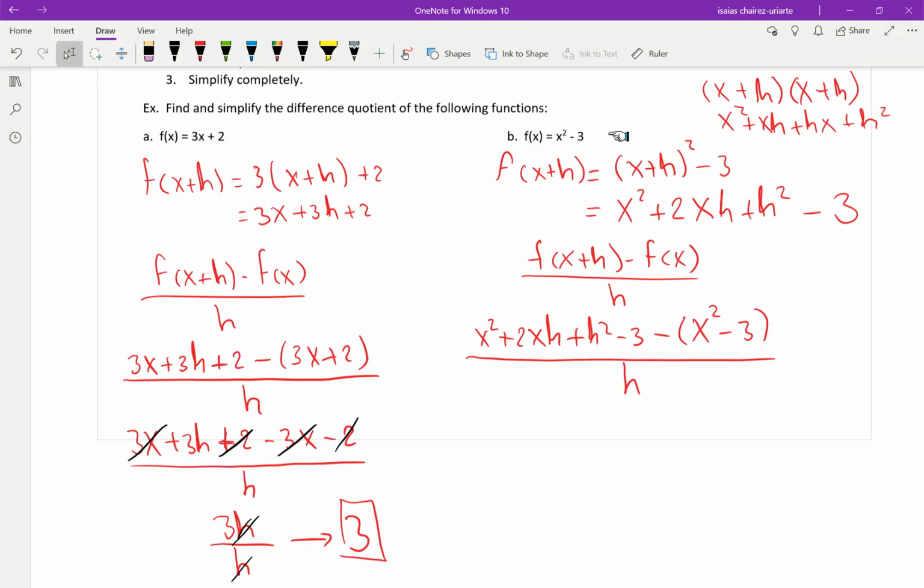Okay, now I gotta distribute this negative right here. This negative applies to that and that. So this is going to look like this. Notice that this negative made the x squared negative and made the 3 positive.